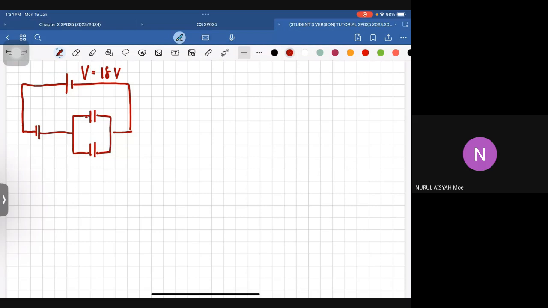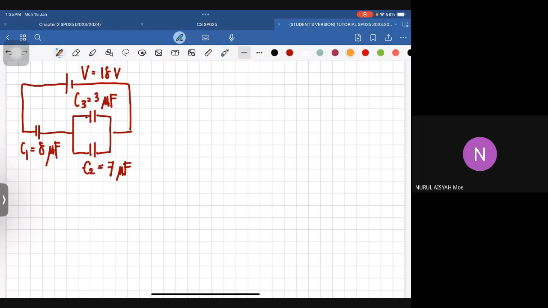And then we have C1, which is 8 microfarad, C2, which is 3 microfarad, and the label here is C3. C2 is 7. This is C3.